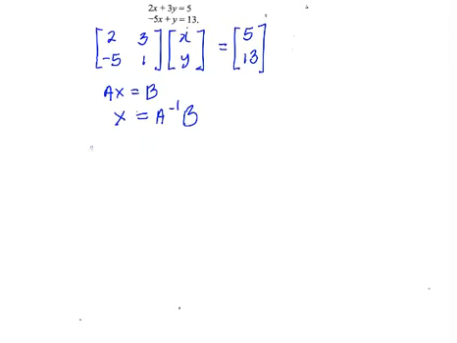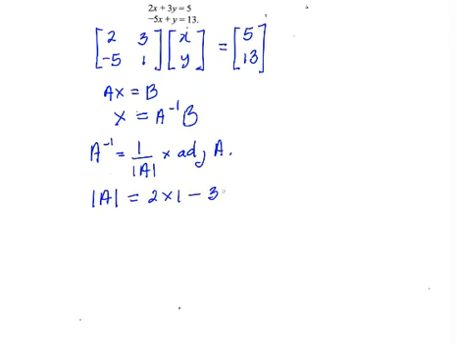A inverse is equal to 1 over the determinant of A times adjoint A. Now let's find the determinant of A. It's 2 times 1 minus 3 times minus 5. A negative times a negative is a positive, and 3 times 5 is 15. So the determinant is equal to 17.